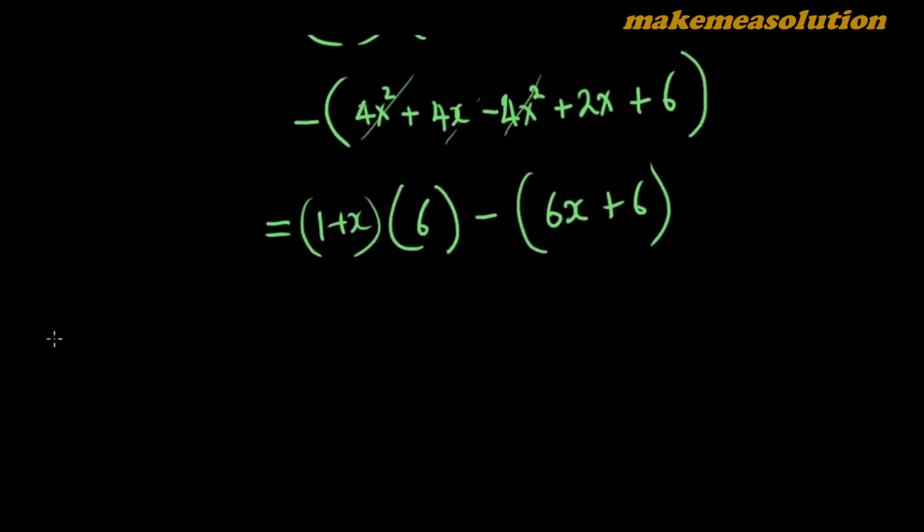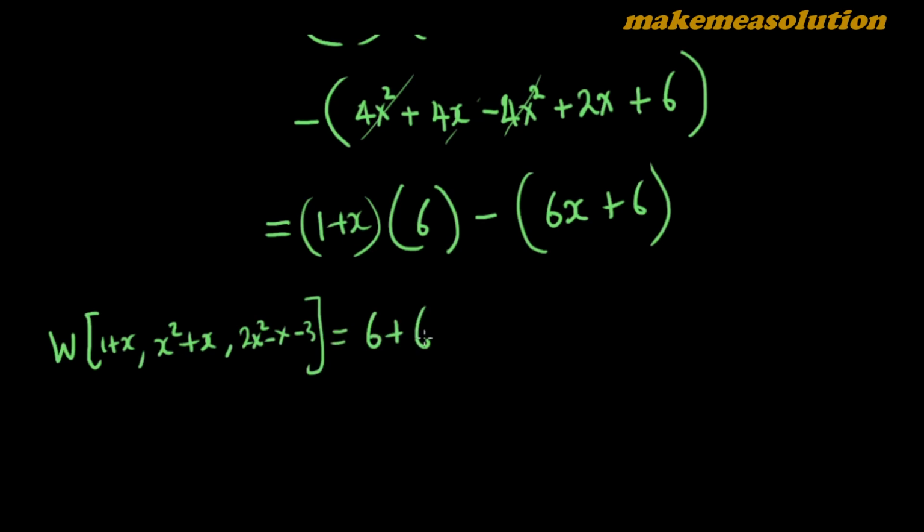So our Wronskian gives 6 plus 6x, and minus 6x minus 6. Of course, this cancels this, this cancels this, and finally we're left with 0.